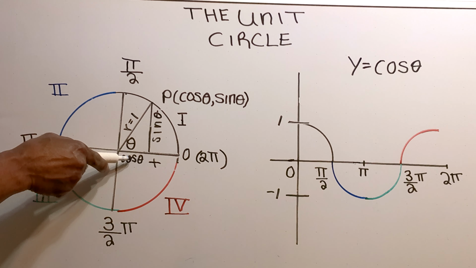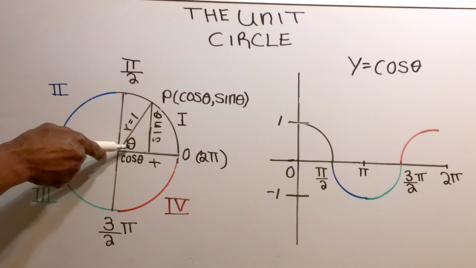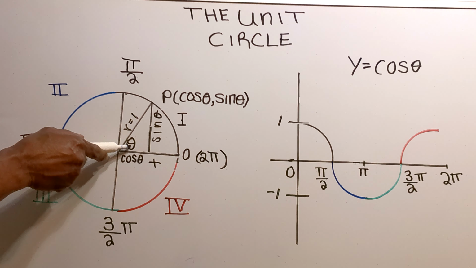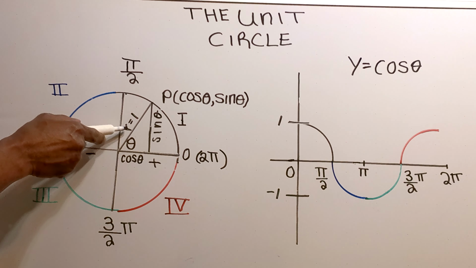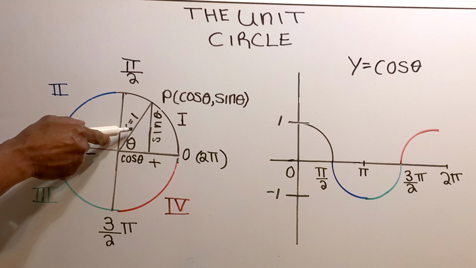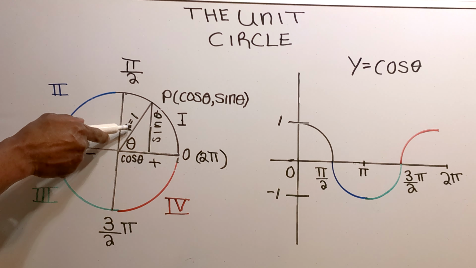Now the cosine is the adjacent side, the side adjacent to theta, over the length of the hypotenuse, or in this case, the length of the radius.